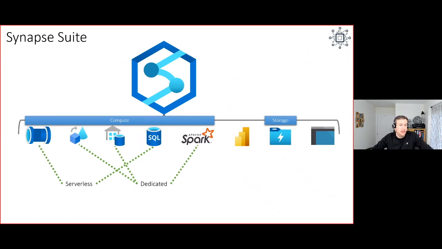And as you'll see, the data flows, the SQL pools, the Apache Spark pools as being that dedicated compute. Now, I think ultimately this relates to our management of that compute, and I guess it ultimately relates to what we pay for as well.